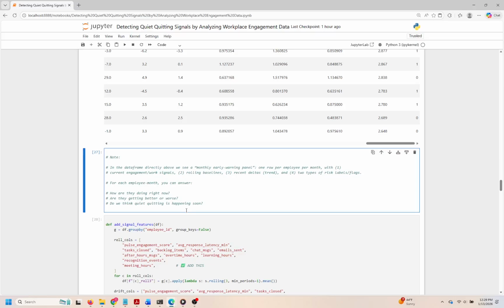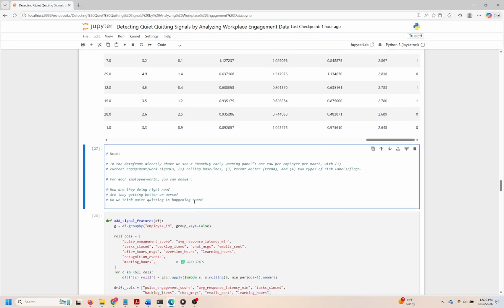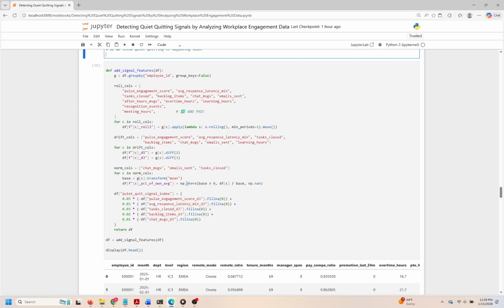Overall, this analysis is a vital step in creating strategies that support employees and enhance overall workplace morale. As we move to the next cell, we'll likely delve deeper into interpreting these signals or exploring ways to visualize this data, enabling us to communicate our findings more effectively.